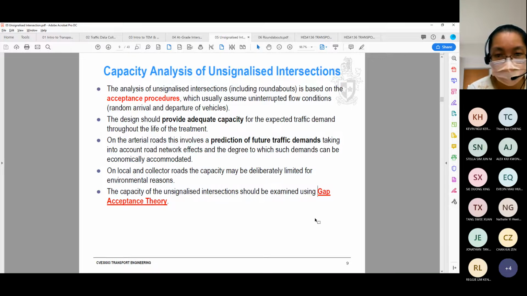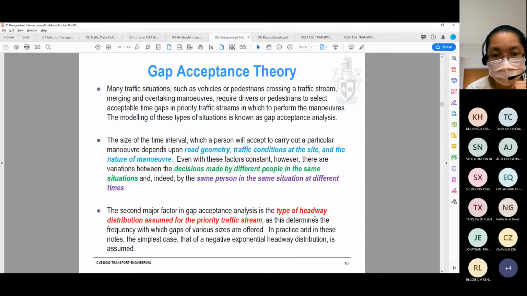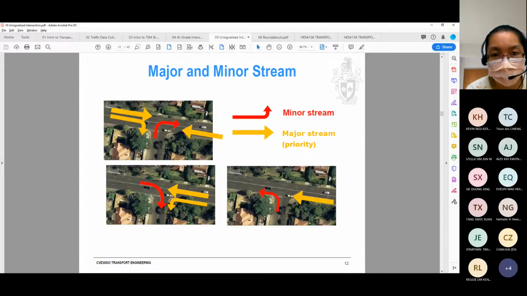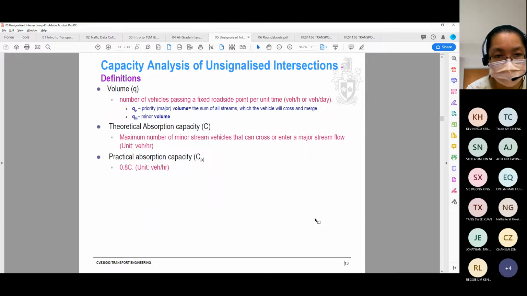If we look at this unsignalized intersection analysis, what we want ultimately is to calculate your absorption capacity, which is how many vehicles can be absorbed into the major stream.